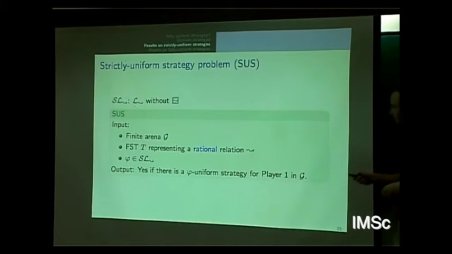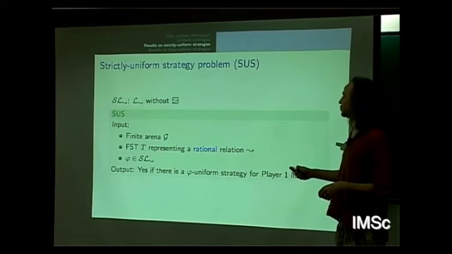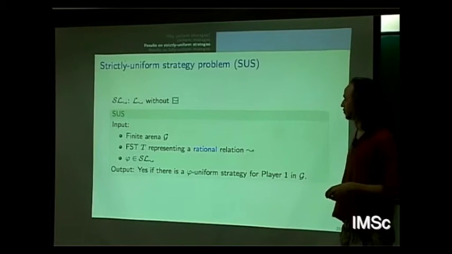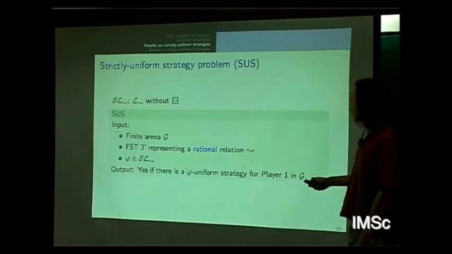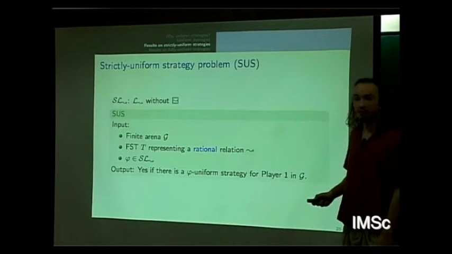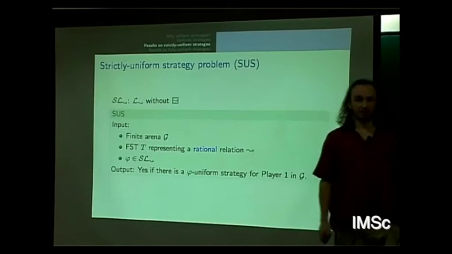So we define this language, the same language, but you don't use the full quantifier. And you consider this decision problem: take a finite arena, a finite state transducer that represents a rational relation between plays of the arena, and a formula without full quantifier, and you want to decide whether there is a phi uniform strategy for player 1 in J.